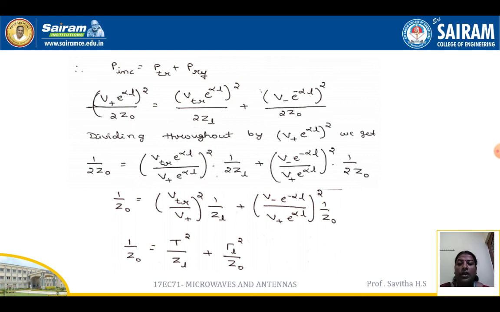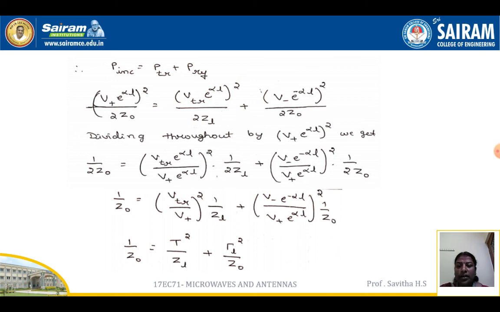In all the terms a 2 is there, so we cancel the 2 on both sides. The e to the power of alpha L in numerator and denominator will get cancelled.